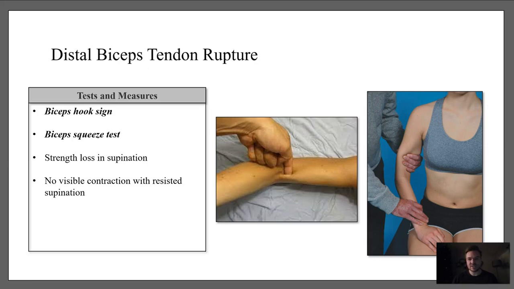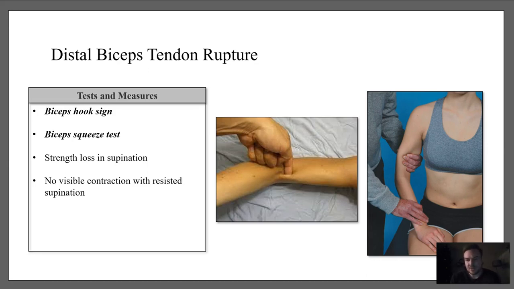So the biceps squeeze test is a muscle compression test. What you'll learn is that we do this in a few different areas of the body, one being the calf, where we're trying to assess for an Achilles tendon tear. We'll get to that in musculoskeletal 2, I believe, which is lower extremity.